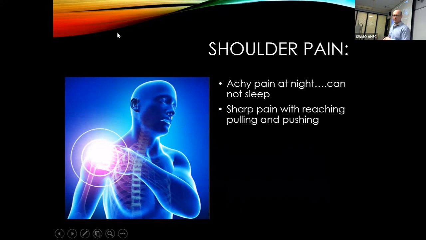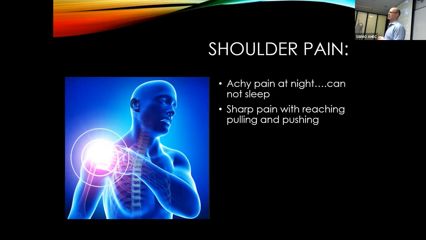Shoulder pain. This patient has achy pain at night. It's worse with sleeping. They describe it as a sharp pain with reaching, pulling, and pushing. What comes to mind? Right?